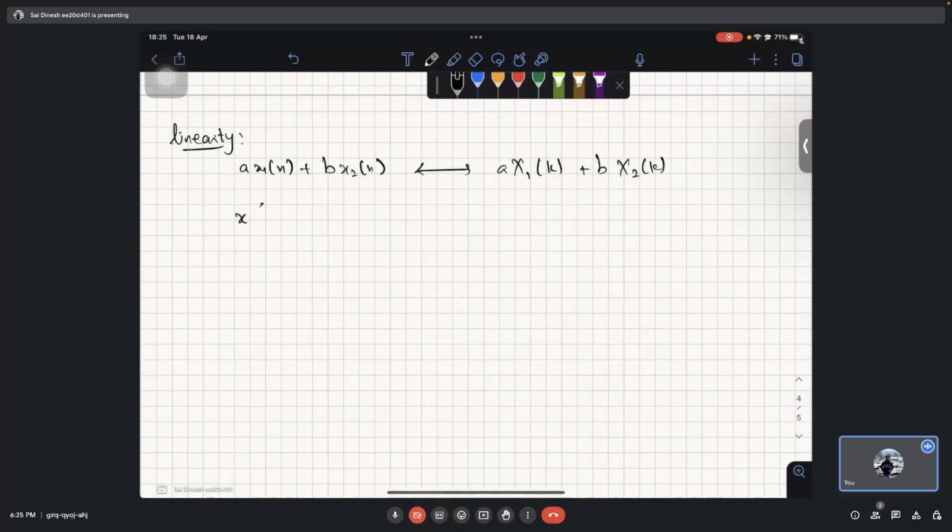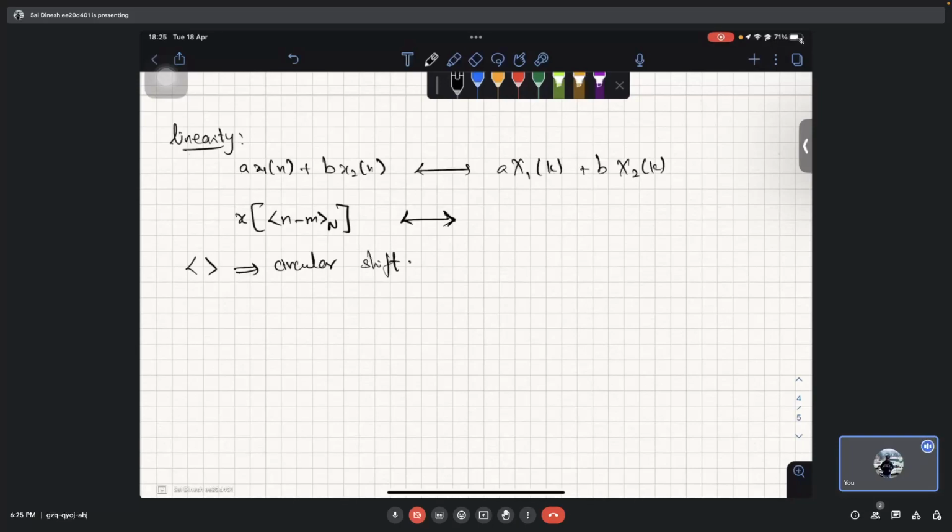Next, x of n minus m, which is shifting. This actually implies circular shift, because we are only talking about finite duration signals.